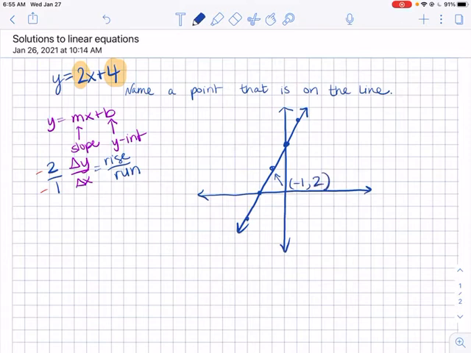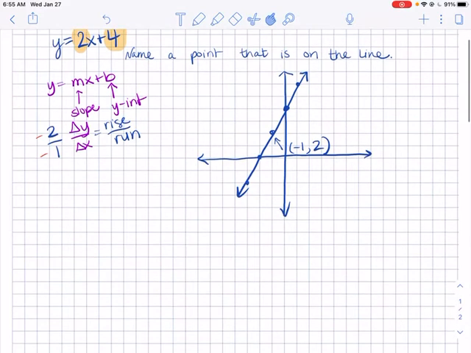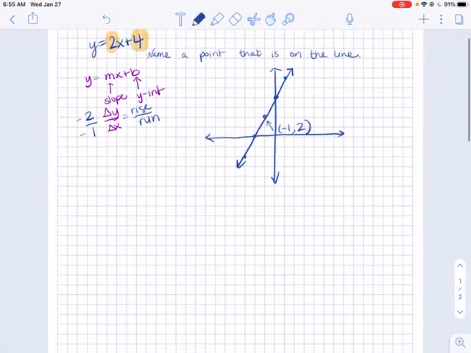Another way to do this is to make a table, which is the first way that we made a graph. So I provided you with an XY table. It looks like this, where you just have x and y, and then you could just choose some values that you like to do math with for your x. I'm going to pick 0, 1, 2, and 3.